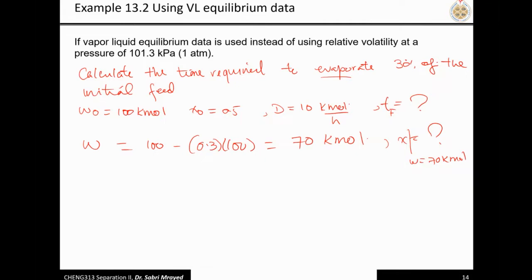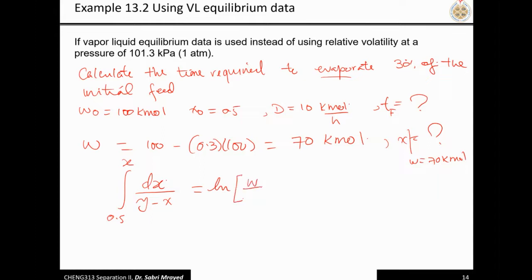I know for this simple distillation, x0 is going to be 0.5, up to x, which I don't know, dx over y minus x is equal to what now? It is equal to ln W over W0, as the equation says.